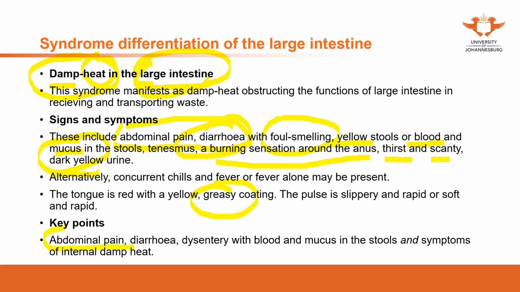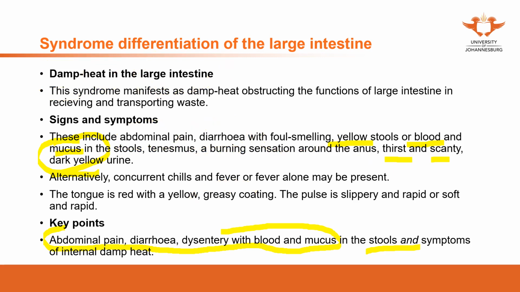The manifestation: abdominal pain, diarrhea, bloody mucus in the stool. In Western medicine, this syndrome sometimes can happen in patients with colitis, in all kinds of inflammation in the colon.